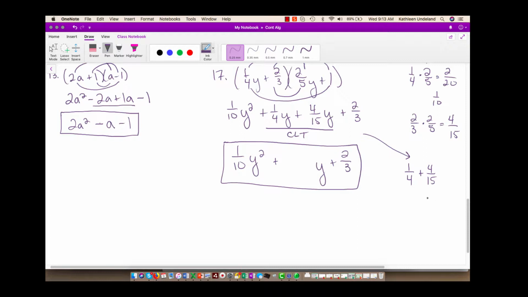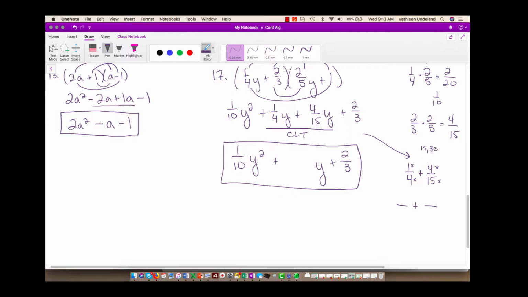To add fractions, you have to have a common denominator. So I have to scale up the 4 by multiplying by something, and I have to scale up the 15 by multiplying by something. And the something that I have to find is what 4 and 15 have together. So I'm going to start with 15 and just count by 15s. So does 4 go into 15? It doesn't.